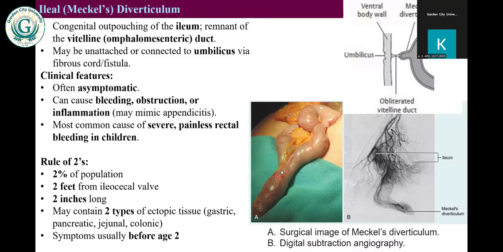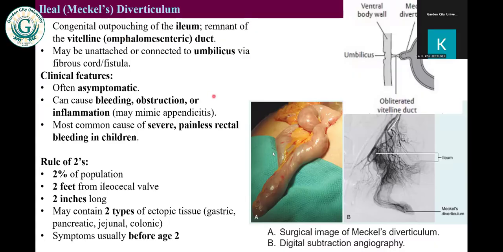This congenital outpouching of the ileum is what we call Meckel's or ileal diverticulum. It is because during development, the vitelline duct failed to regress. If the vitelline duct fails to regress, then you can have this condition that we call Meckel's diverticulum.